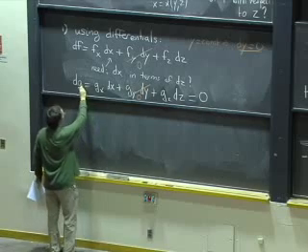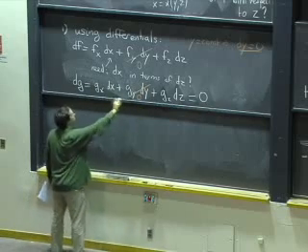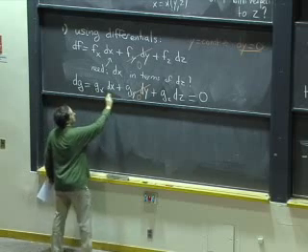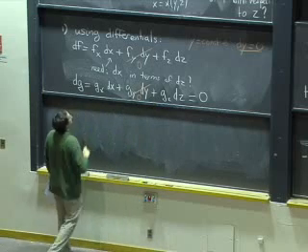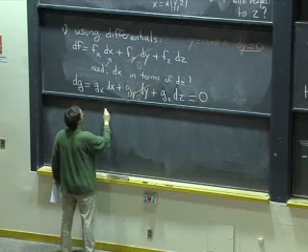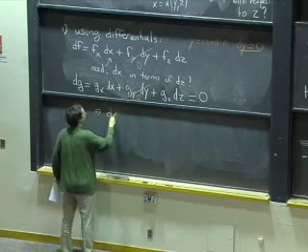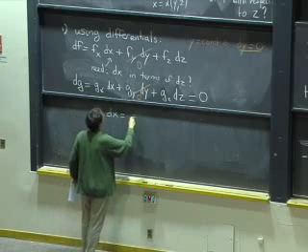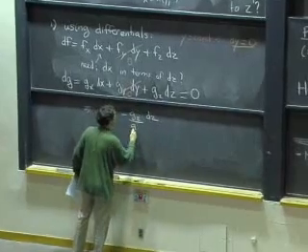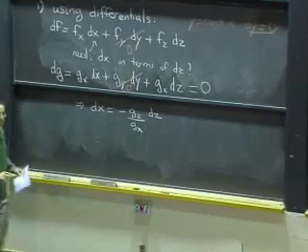So again, saying that g cannot change and keeping y constant tells us g_x dx plus g_z dz is 0, and we'd like to solve for dx in terms of dz. That tells us dx should be minus g_z dz divided by g_x.